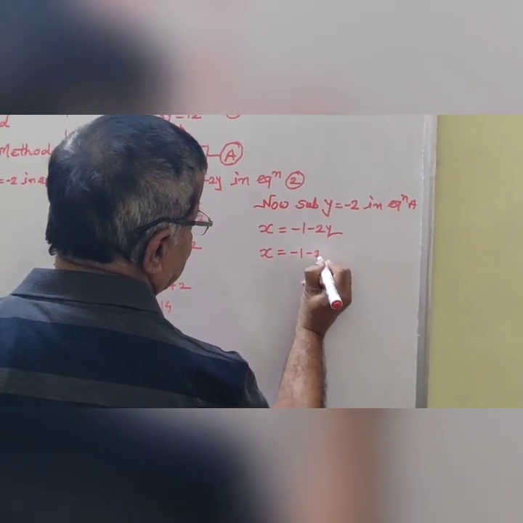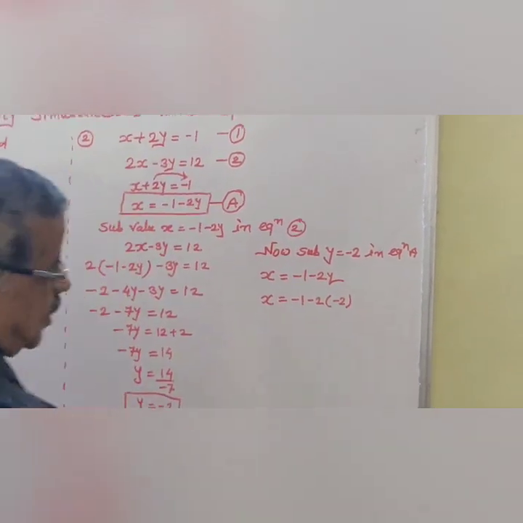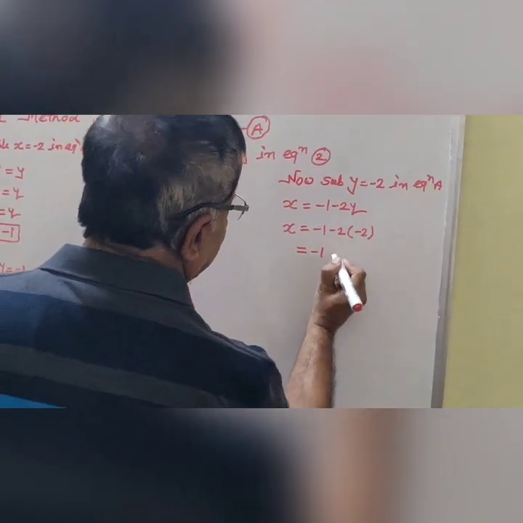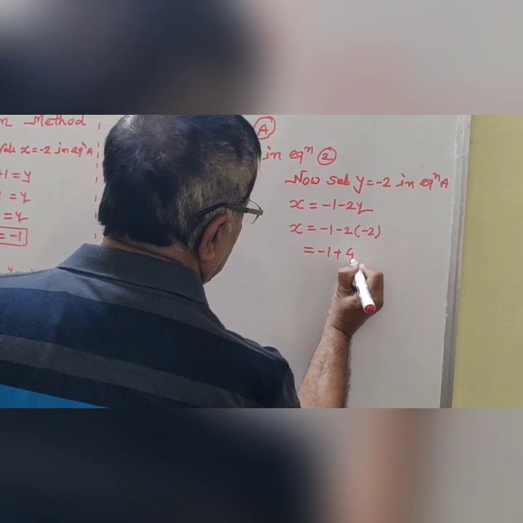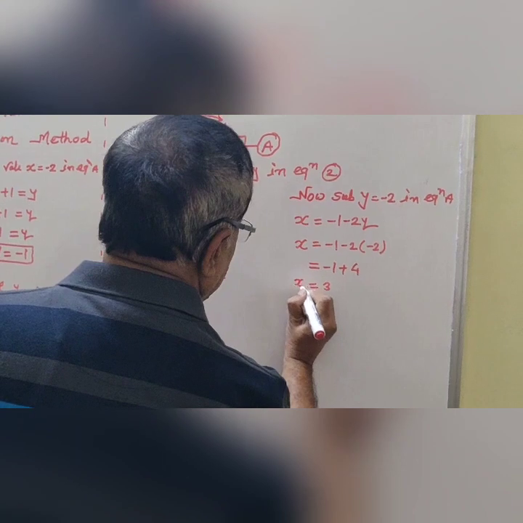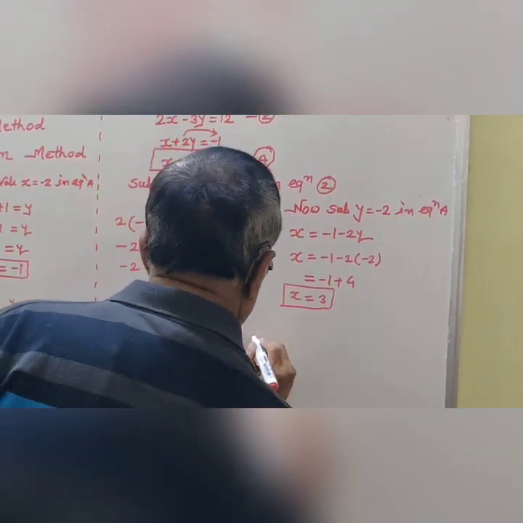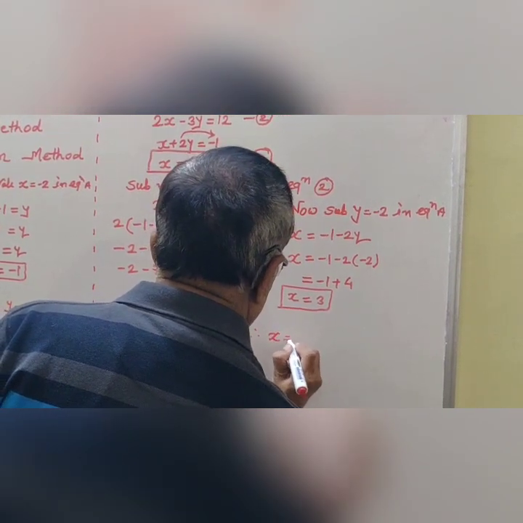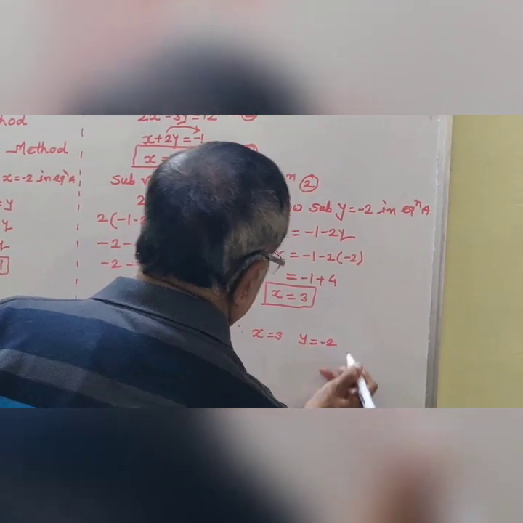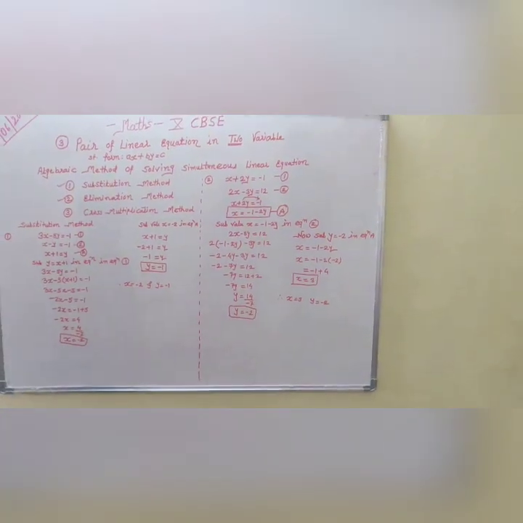Minus 1 minus 2, because of the minus sign I am writing this inside the bracket to avoid inconvenience. Minus into minus is plus, 2 twos are 4. Now 4 minus 1 is 3. So the value of x is 3. So I get two values, x is equal to 3 and y is equal to minus 2. These are the solutions of the given linear equations in two variables.